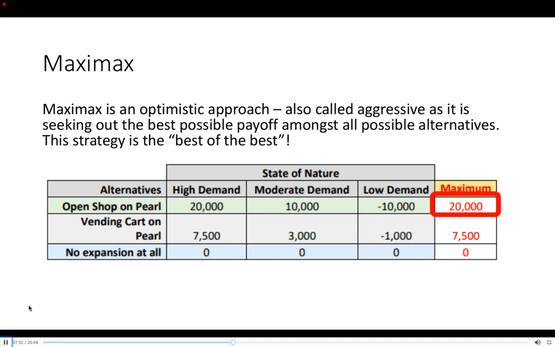The best possible outcome for your vending cart on Pearl is $7,500 a day. The best possible outcome for no expansion is just going to be zero. So you take the best possible outcomes and then you choose the best of the best. So the highest maximum value goes along with opening a shop on Pearl. So the maxi-max, the optimistic approach, says open that shop on Pearl. It's all going to be great.